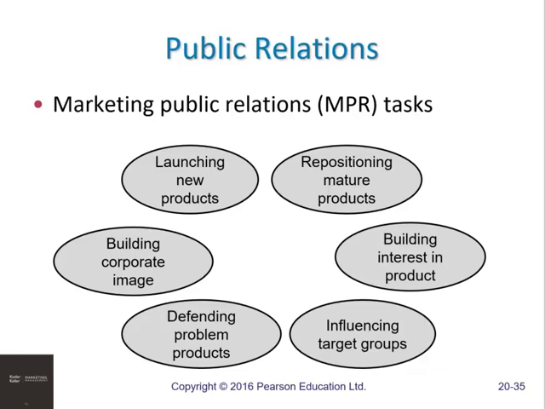PR pros must be adept at managing crises, such as those weathered by brands like Tylenol, Toyota, and BP in recent years. Building the corporate image in a way that reflects favorably on its products. The late Steve Jobs's heavily anticipated Macworld keynote speeches helped create an innovative, iconoclastic image for the Apple Corporation.